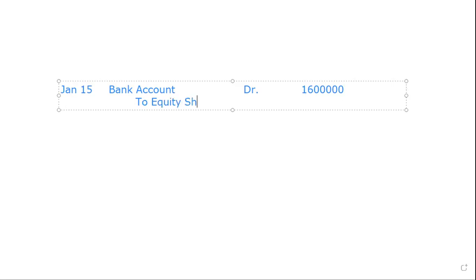The first entry will be passed by bank account debited, with the amount that is 80,000 times 20, that is rupees 16 lakh, to equity share application account. The amount will be the same, that is 16 lakh.